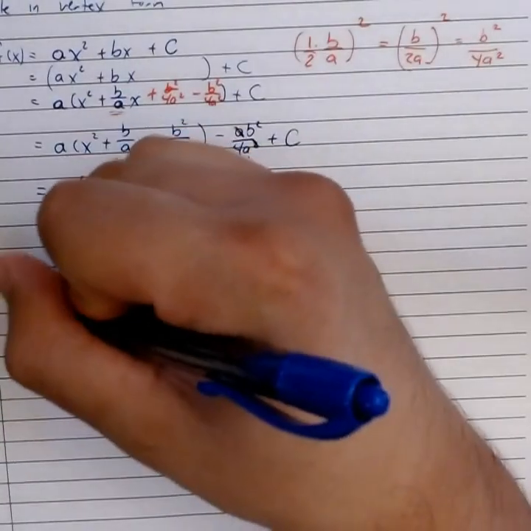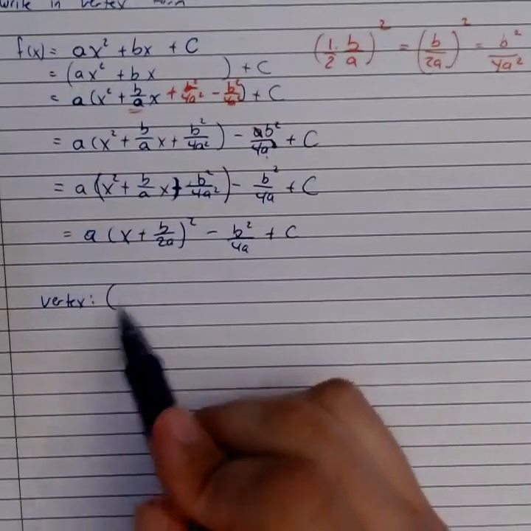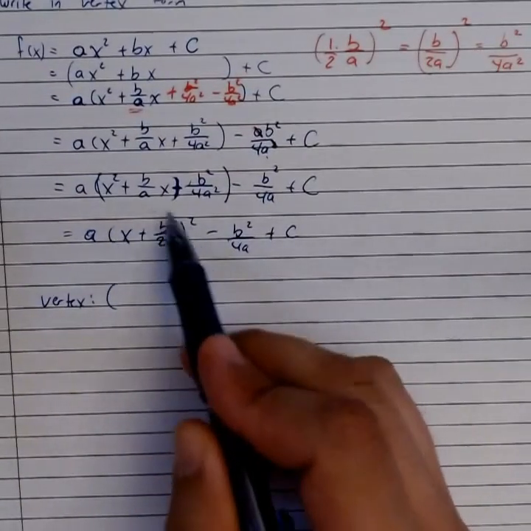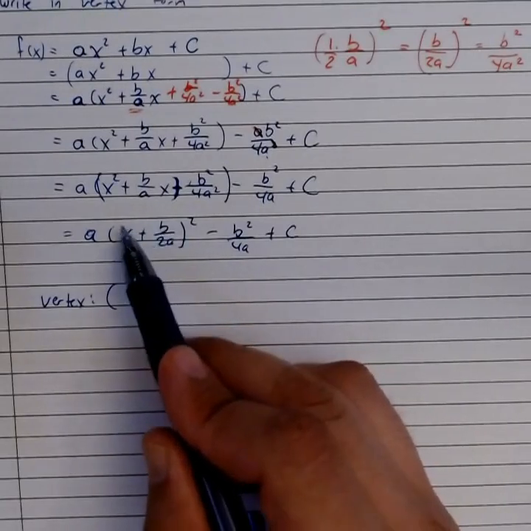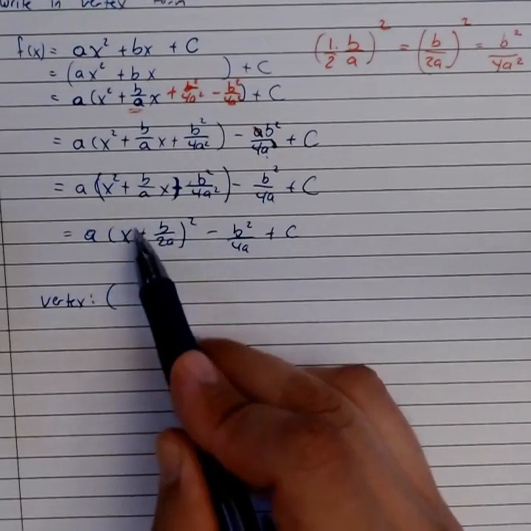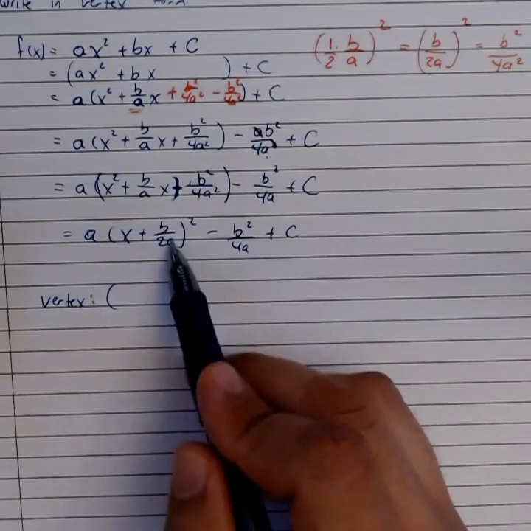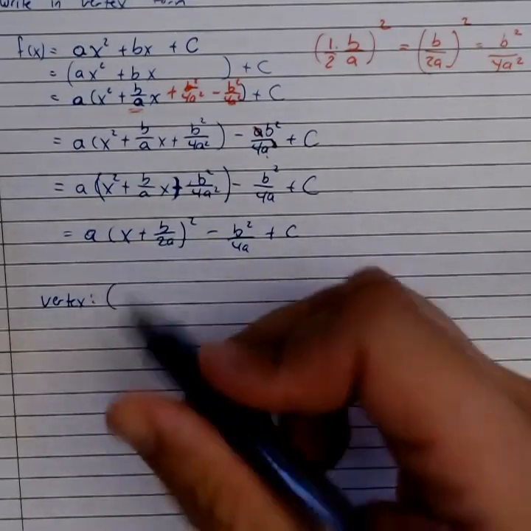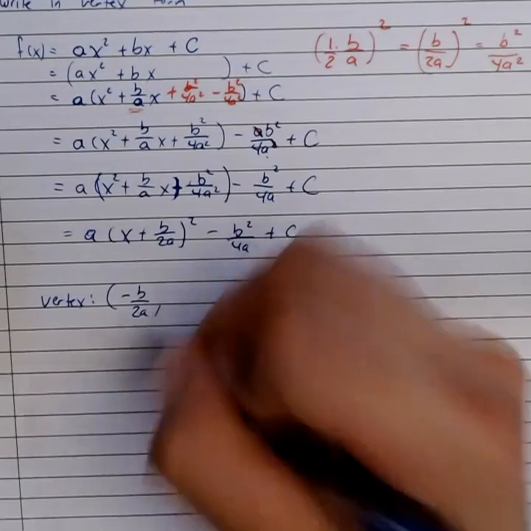So what this says is that the vertex is given by, remember the vertex, the x coordinate is whatever makes this 0. So if that's positive b over 2a, if I plugged in a negative b over 2a right here, that would make that 0. Negative b over 2a plus b over 2a, that would just give me 0. So here I want the first coordinate to be negative b over 2a.